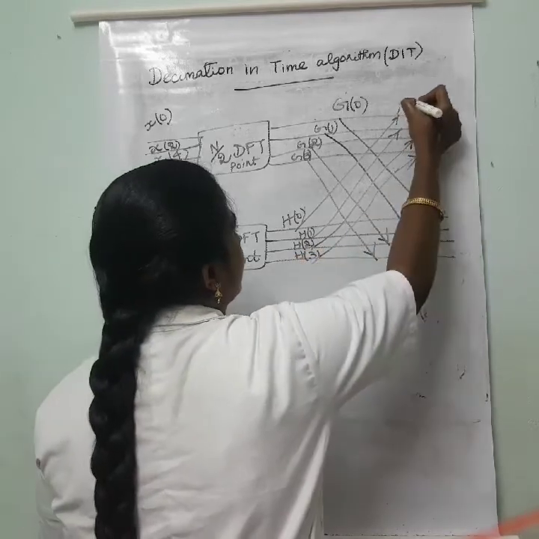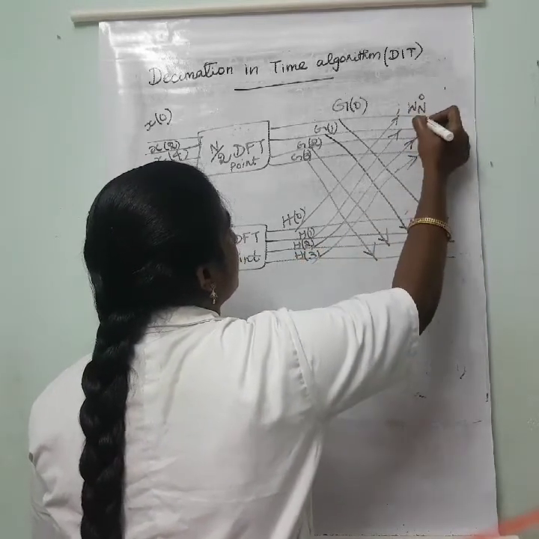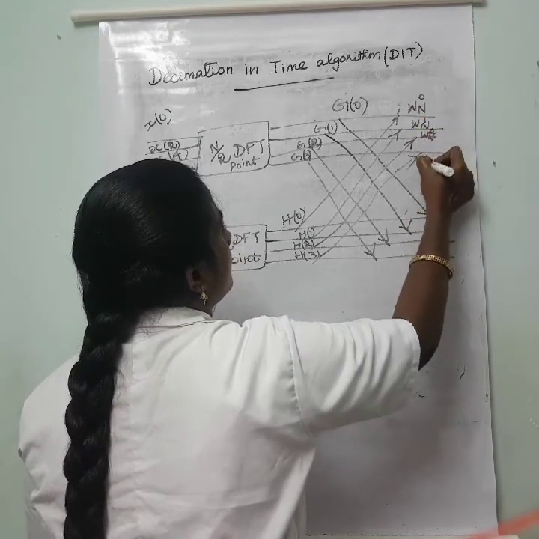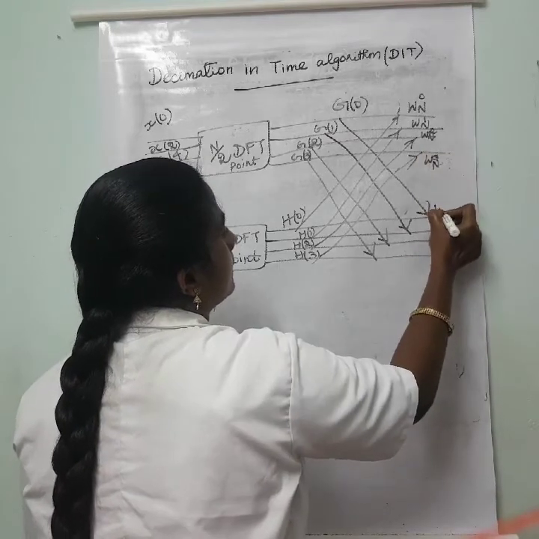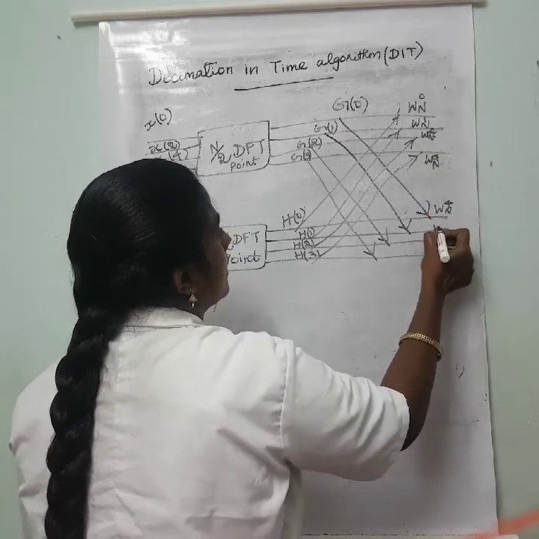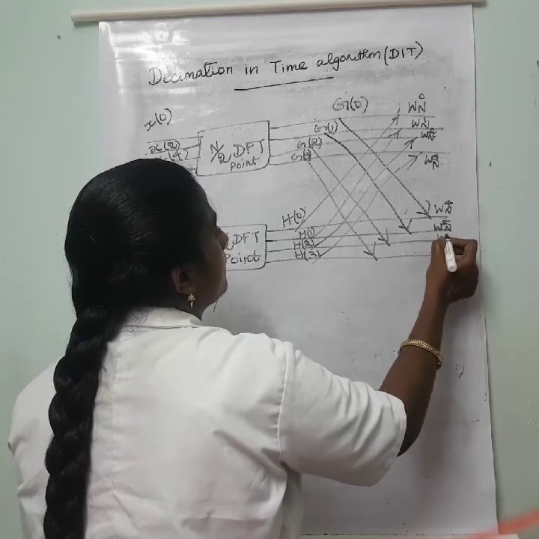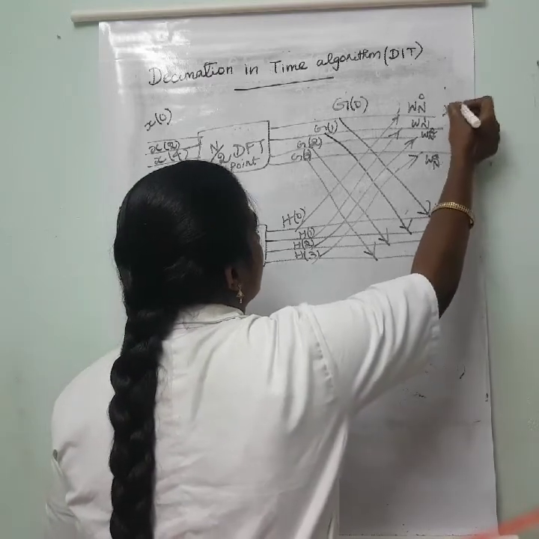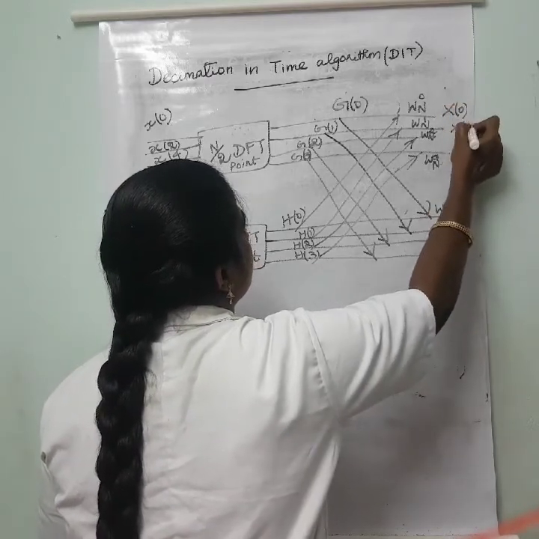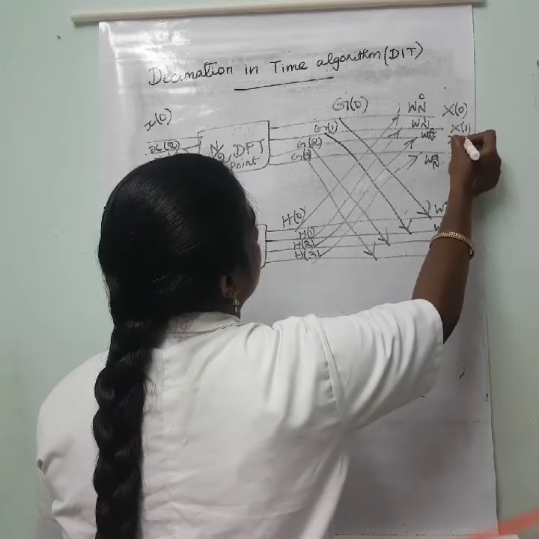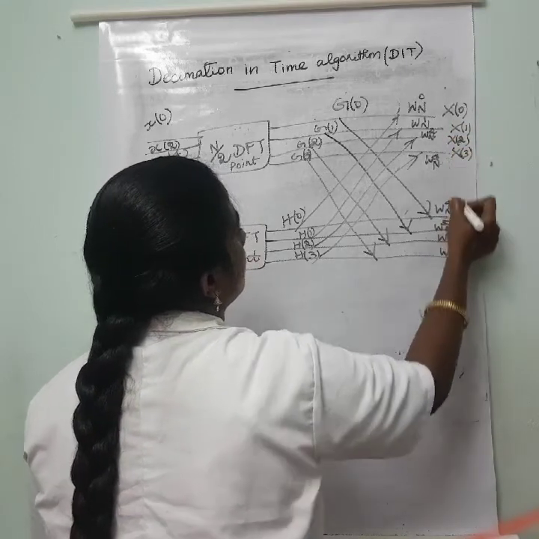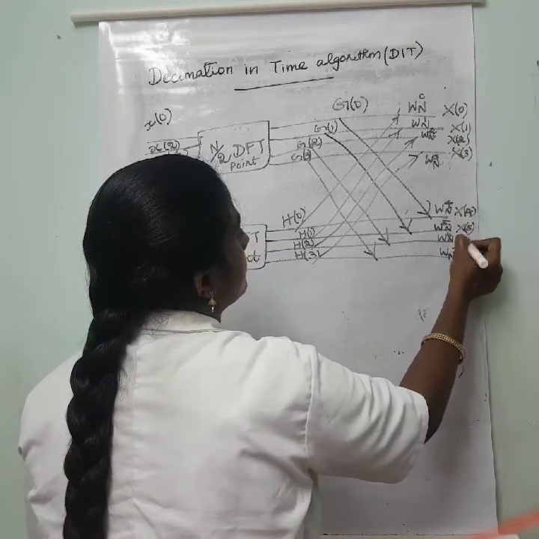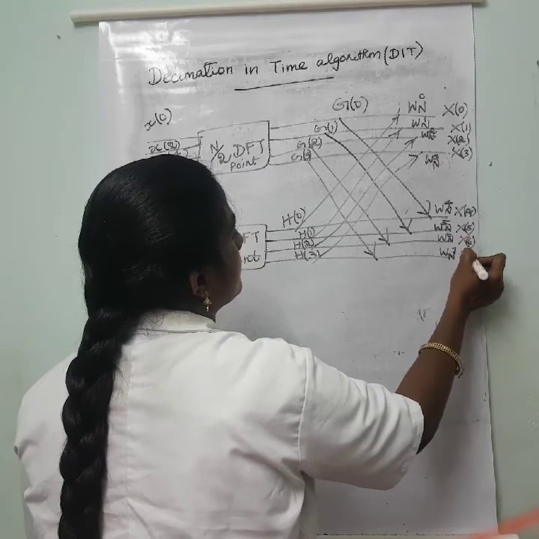Then here the twiddle factor wn power 0, wn power 1, wn power 2, wn power 3, wn power 4, wn power 5, wn power 6, wn power 7, and the output is x of 0, x of 1, x of 2, x of 3, x of 4, x of 5, x of 6, x of 7.